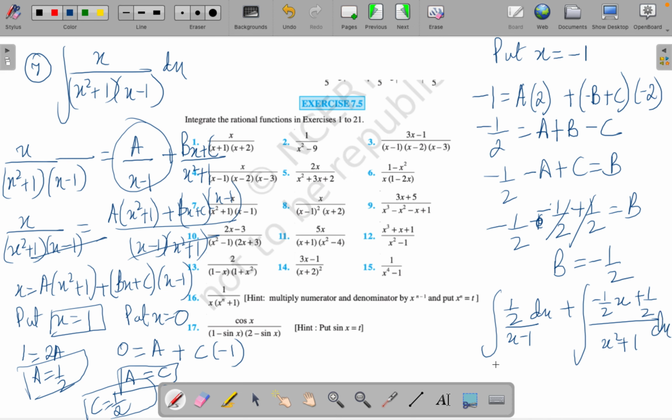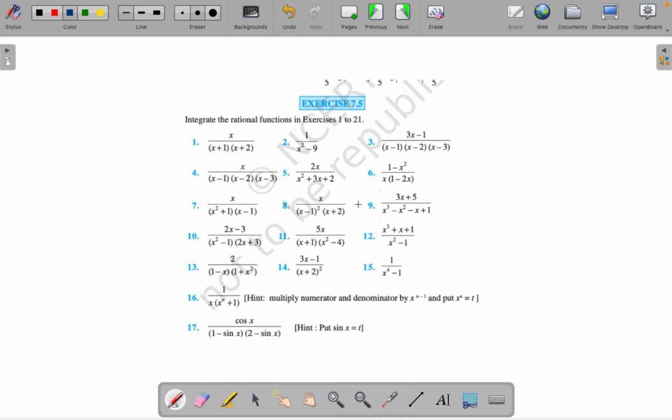Now again, half integration of 1 upon x − 1 is direct log. Now if you want to do x upon x² + 1, check here children, this can be solved using the substitution method, that is type 2: put x² + 1 as t, and above dt will come. Similarly, 1 upon x² + 1 will use the direct formula of type 4, or directly the tan inverse x formula, which you can see. So this is how you will solve. Okay.